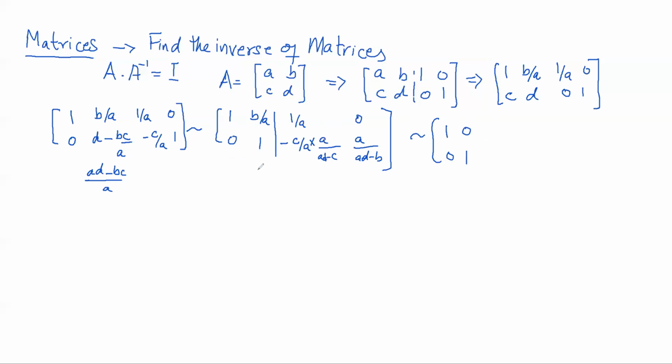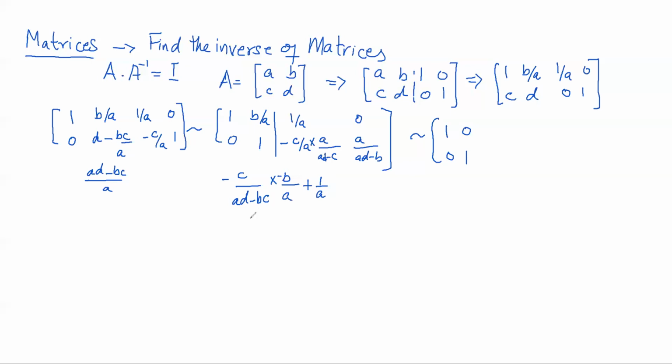Since I have multiplied by B over A, this value is minus C, A cancels with A, so it is minus C over AD minus BC, and multiplied by minus B over A it becomes BC over AD minus BC, which is then added to this value 1 over A.